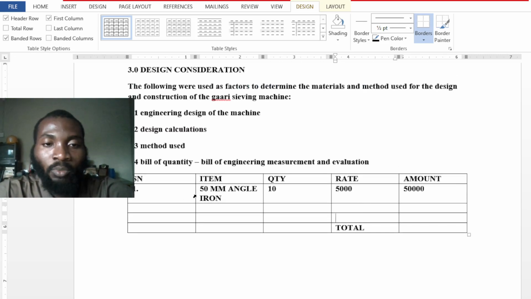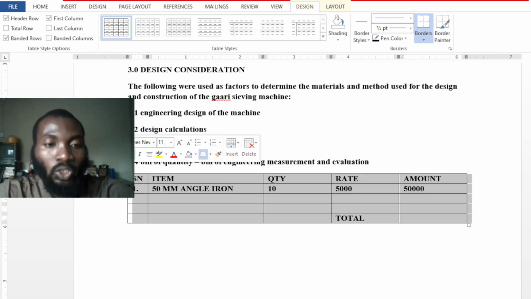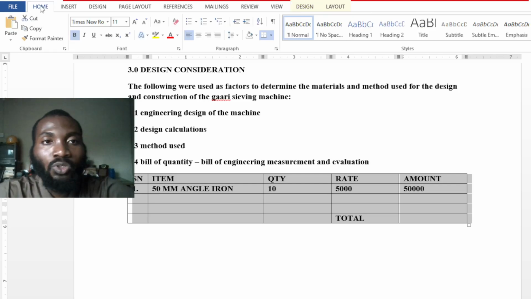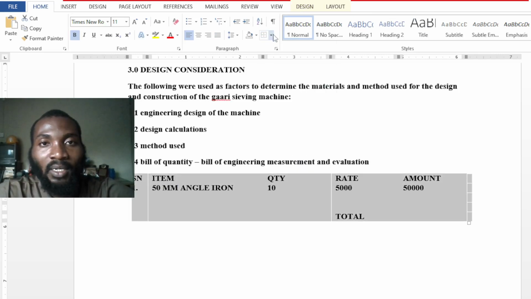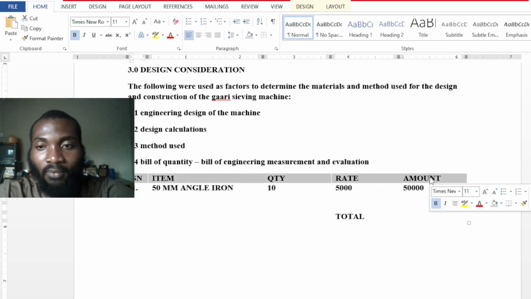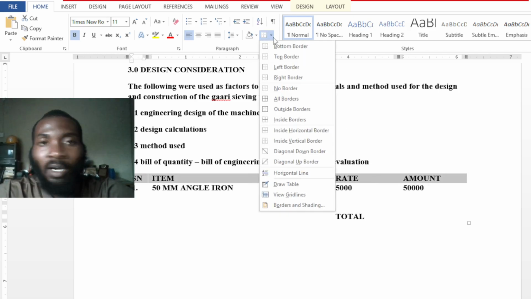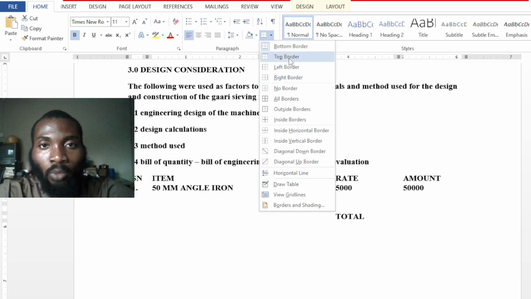Also, in writing your bill of quantities, in some schools, it is not accepted to have a table this way. They want just 3 lines for your tables. So you want to format it. First, you want to go to the borders, go to no borders. Then they want the first line to have horizontal lines, bottom and also top.